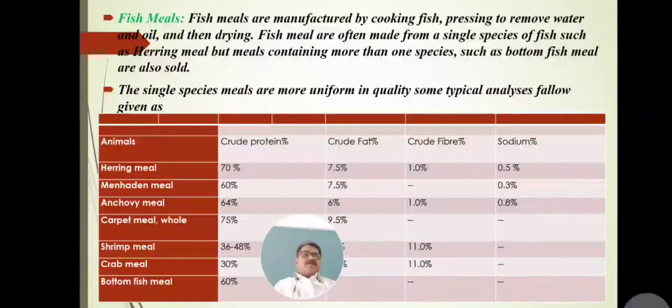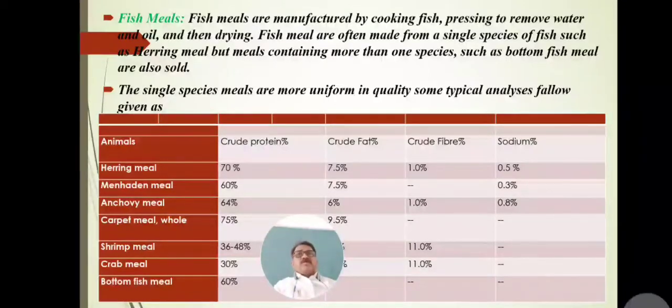When a single fish species such as sardine, mackerel, herring, tuna, or other canned fishes is caught in large quantities, fish meal is produced from the surplus quantity of sardine, mackerel, tuna, hilsa, or herring. Meal produced from a single species is called single species fish meal.